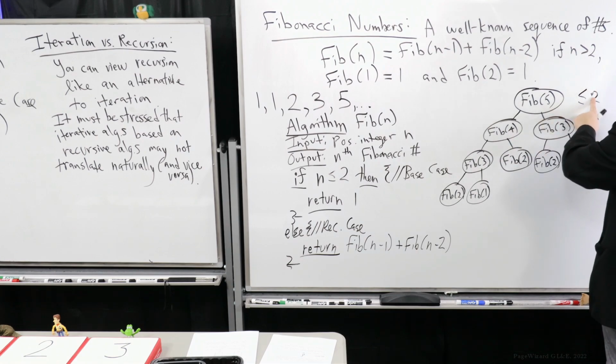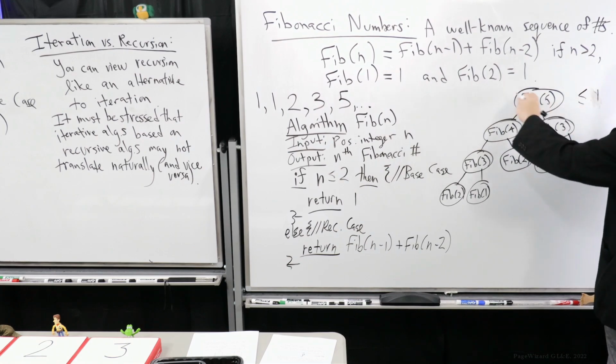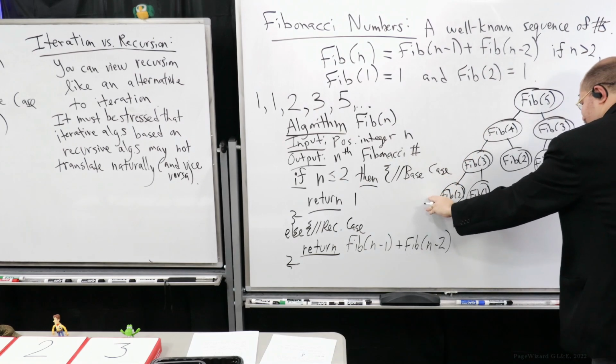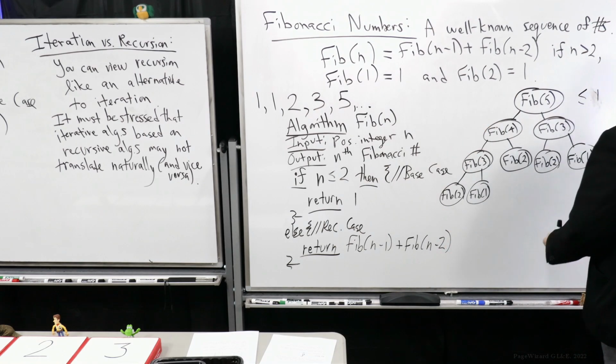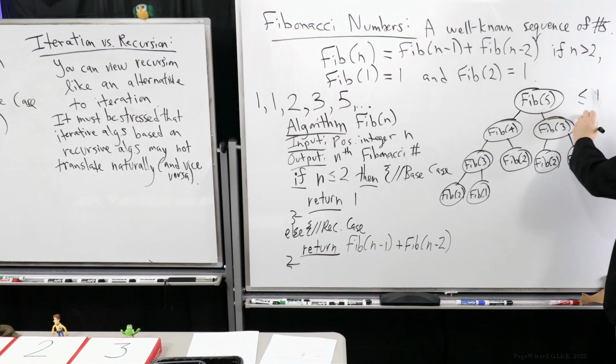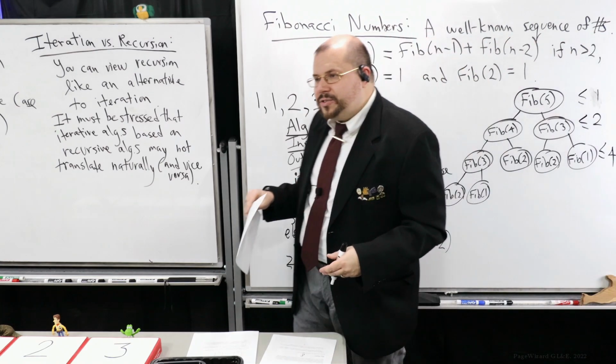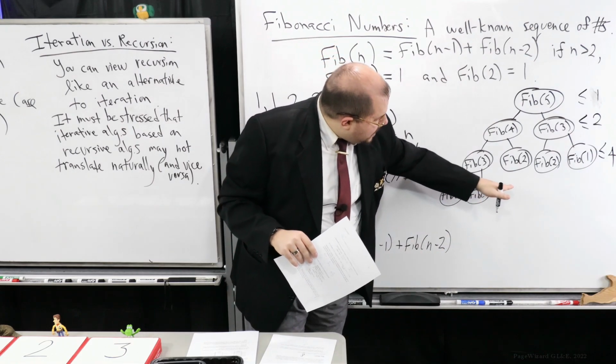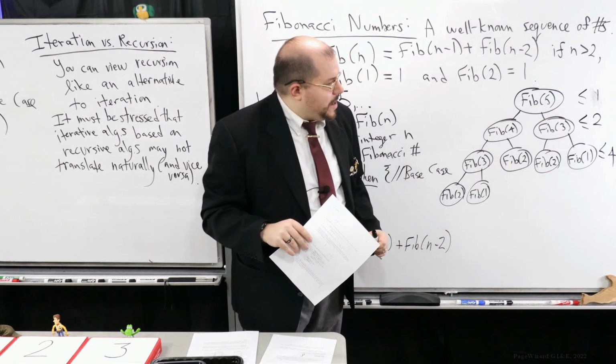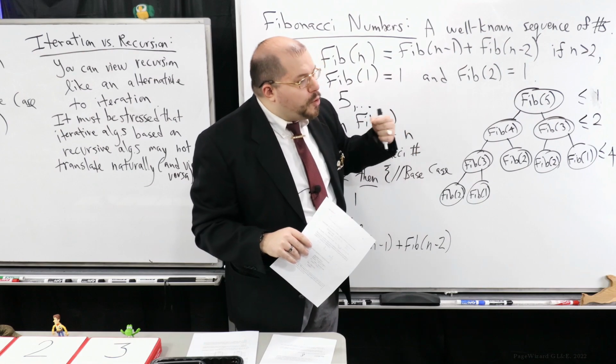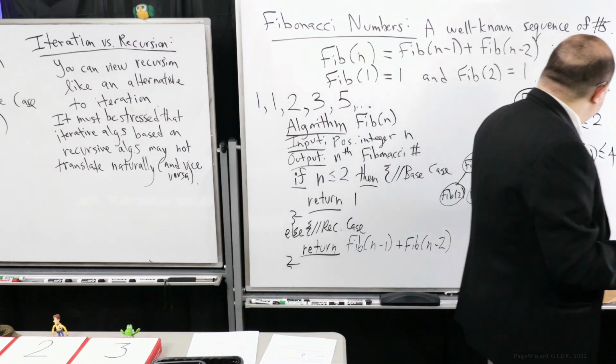In fact, you could argue this is kind of a tree-like structure. In fact, it is a tree. You have 1 function call here. On this level, you can see there's at most 2. Here, there's at most 4, right? If this were to continue to expand, even though there aren't any down here on this rightmost side, do you notice that there could be no more than 8, right?